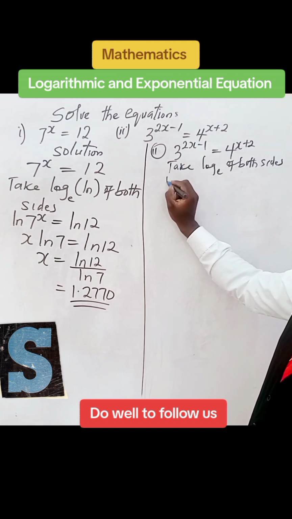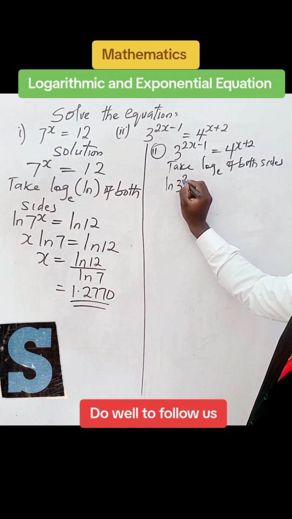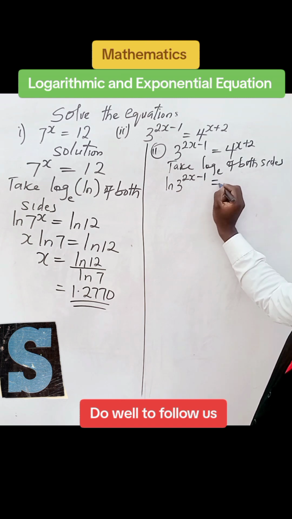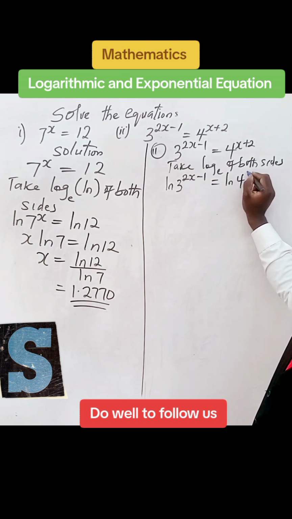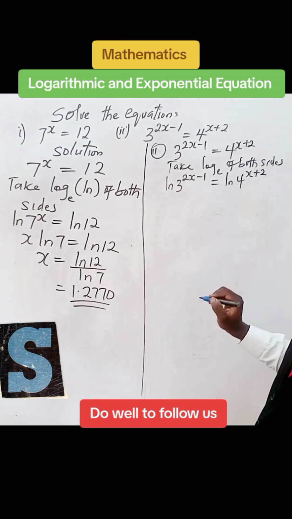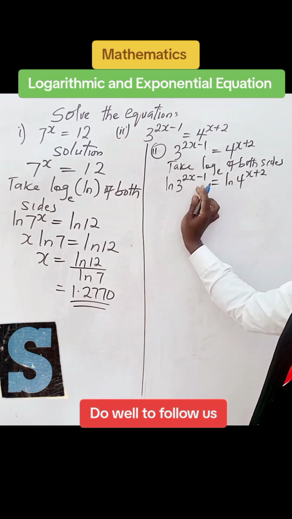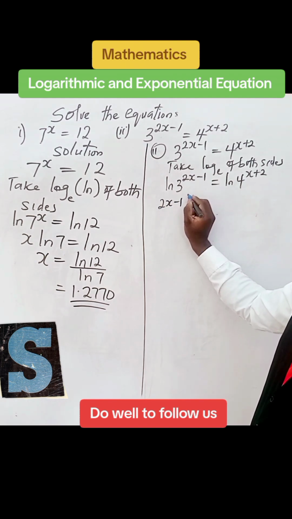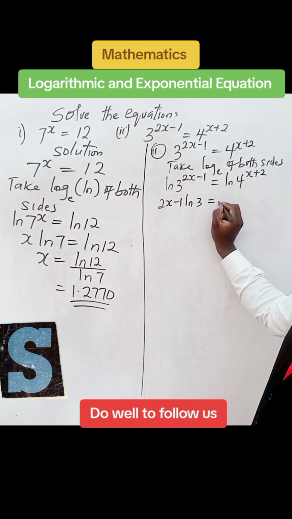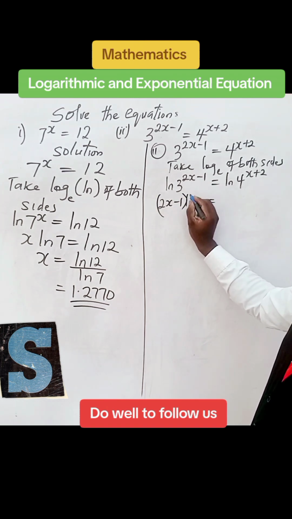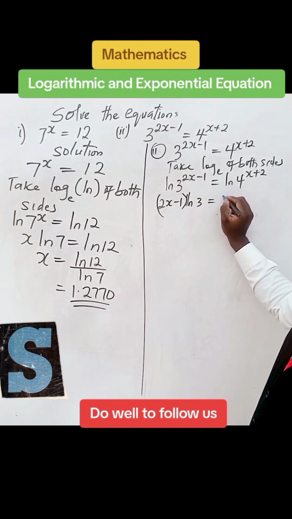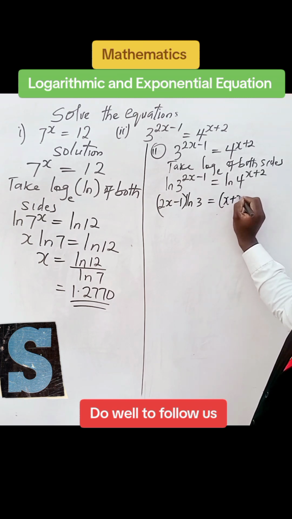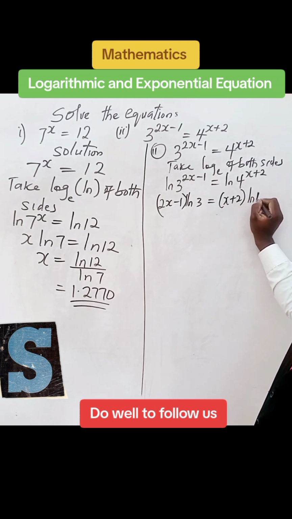So here you have ln 3 raised to the power of 2x minus 1 equals ln 4 raised to the power of x plus 2. The next thing is to apply the law of logs. This power will go to the front. (2x minus 1) ln 3 equals, put it in bracket, (x plus 2) ln 4.